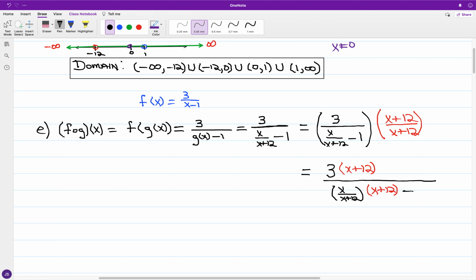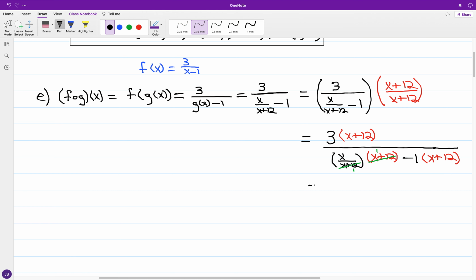And we have minus 1, and negative 1 is going to be distributed also over this x plus 12. Okay, so for what we have here, you got 3 over x plus 12. Now in the denominator, you have x over x plus 12 multiplied by x plus 12. So if you think along the lines of cross multiplying, the x plus 12s are going to go out.